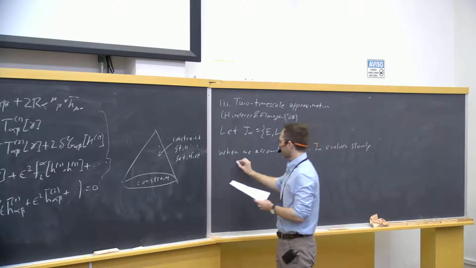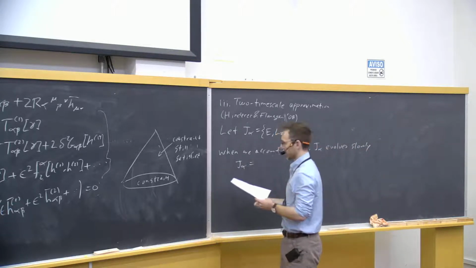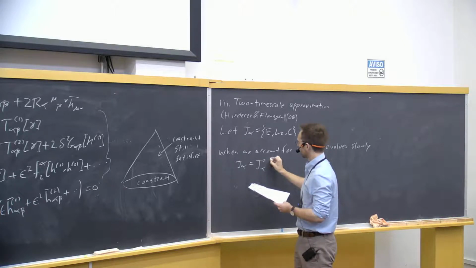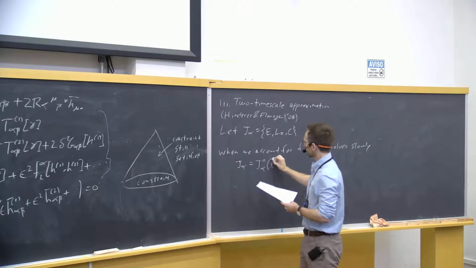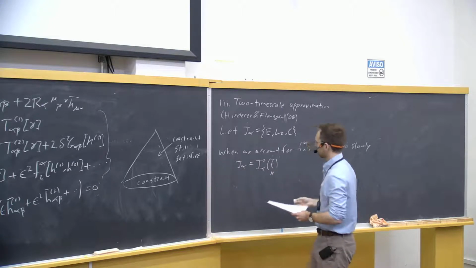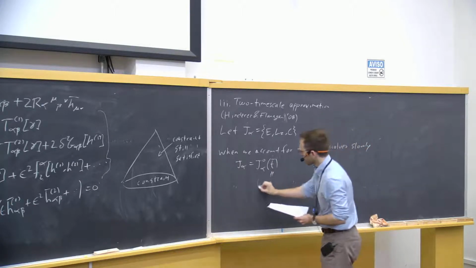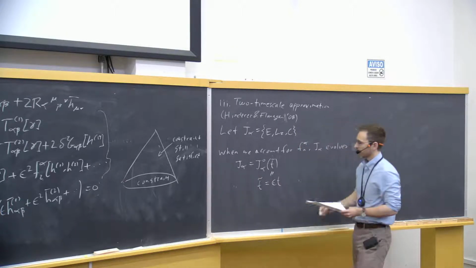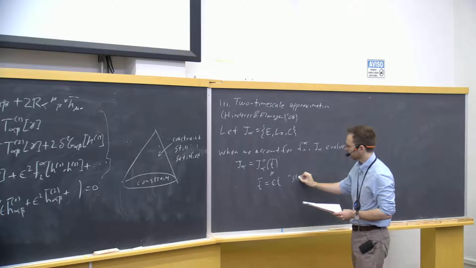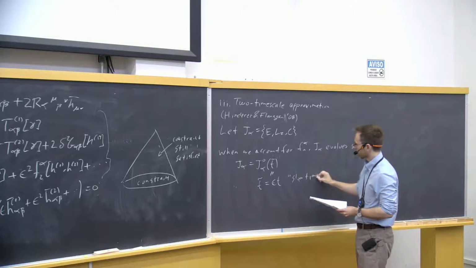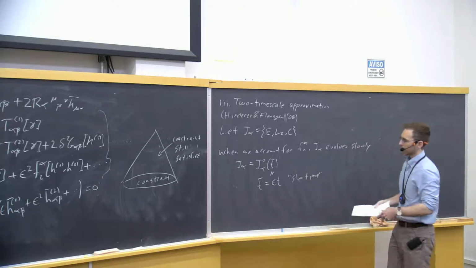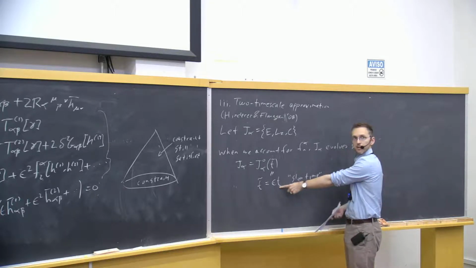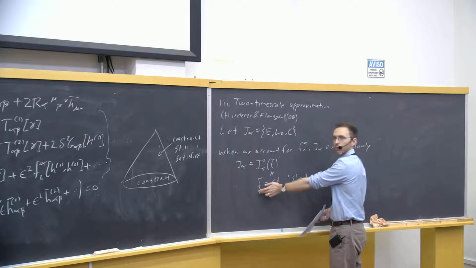So we can write that as J alpha is some leading order piece as a function of T tilde, where T tilde is epsilon times T. This is called slow time. So it's slow because you need T to be of order 1 over epsilon in order for T tilde to be order 1.